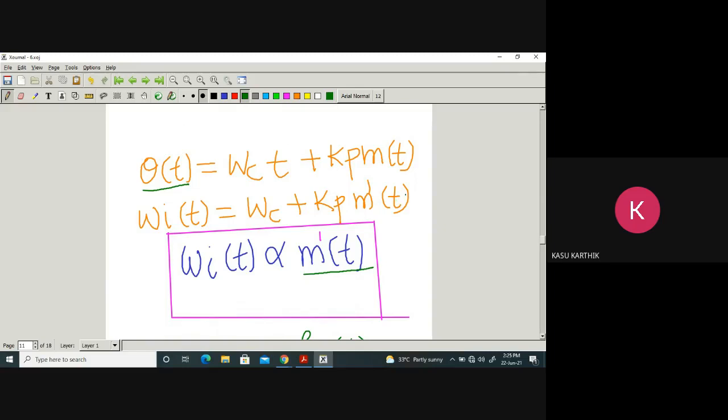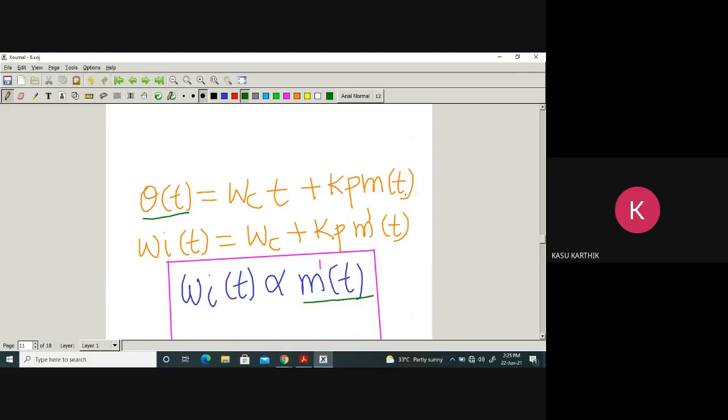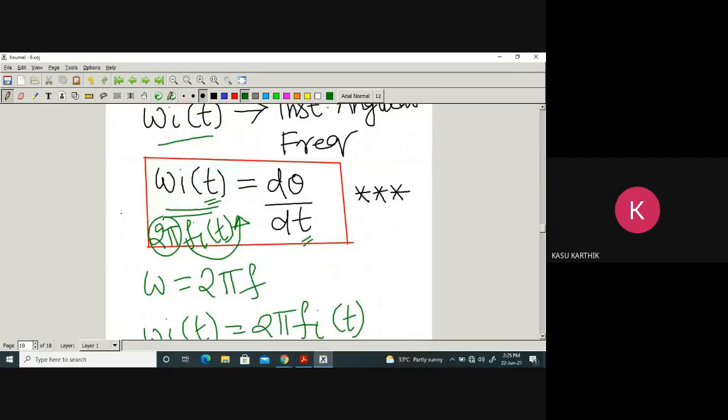Is it okay? Now, what is k_p? k_p is called phase sensitivity. So this is omega_i of t. From omega_i of t, how do we get theta of t?